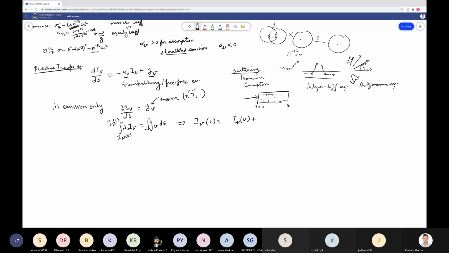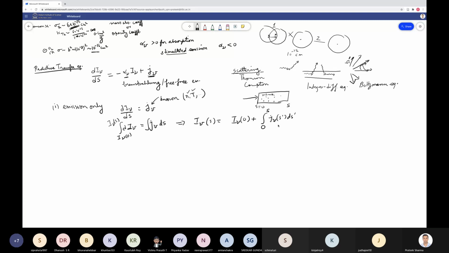which is emitting photons in this direction, j nu has that directional information, right? If it is isotropic, then you divide by 4 pi, so it only takes care of this solid angle. So I nu at s equals I nu naught plus the integral of j nu s prime ds prime from 0 to s. This is just a trivial integral, assuming that j nu s prime is given.